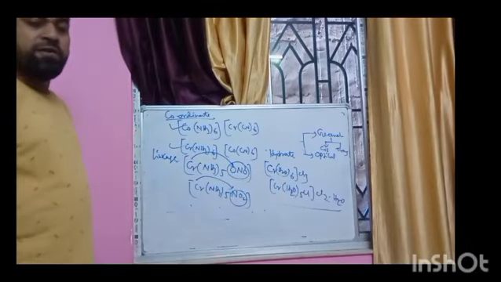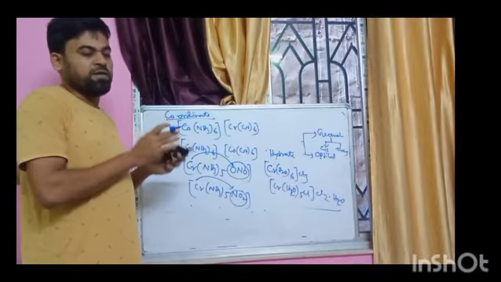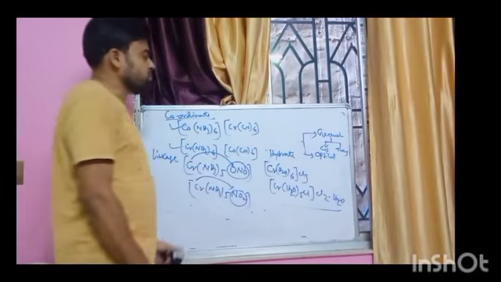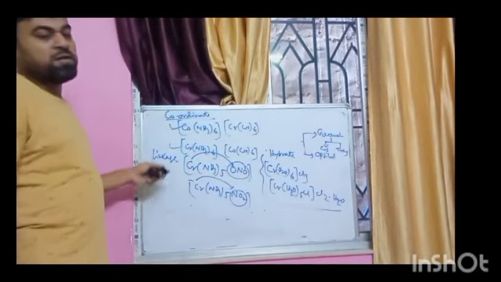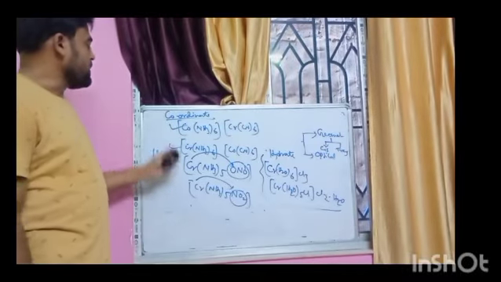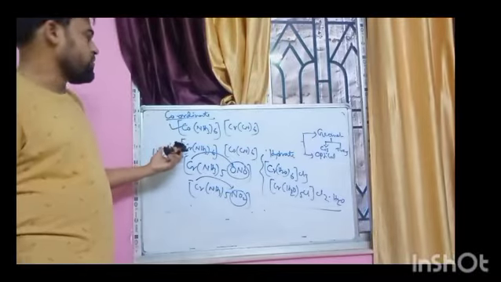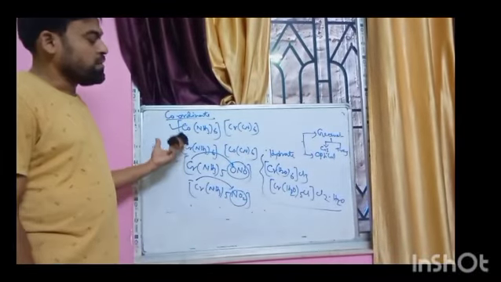These are examples of hydrate isomers. Hydrate means the number of water molecules inside in one and outside in another. These types of isomers are called hydrate isomers. Generally, structural isomers are of four types: linkage isomer, coordinate isomer, hydrate isomer and ionization isomer.